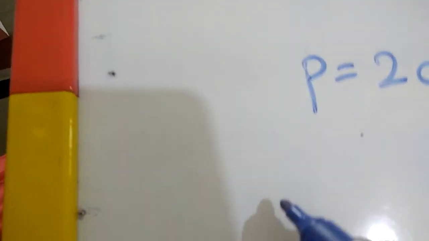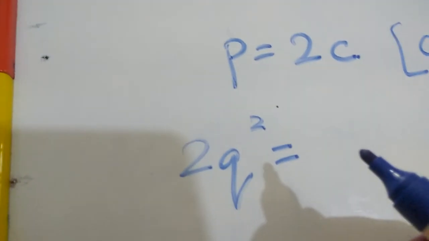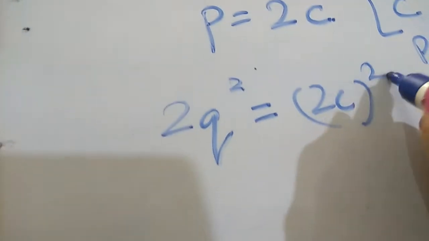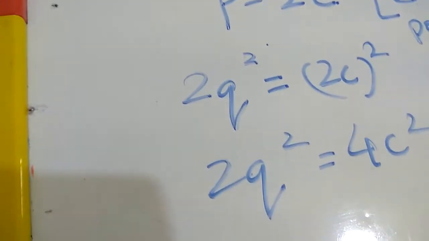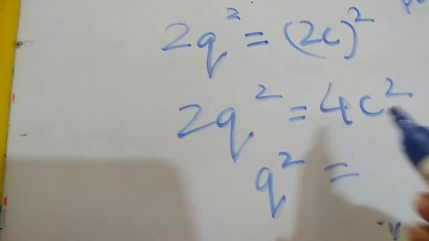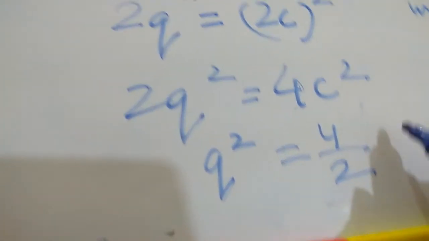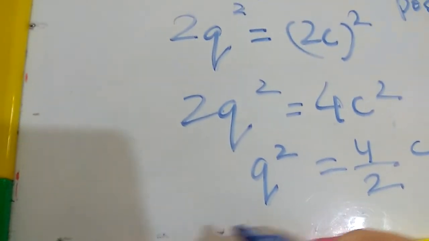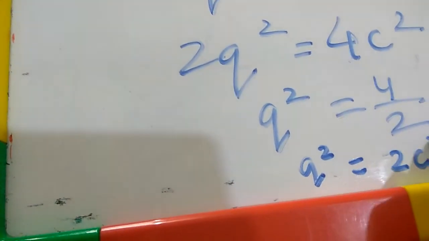So I can write 2q squared equal to, in place of p squared, (2c) squared. So I will get 2q squared equal to 4c squared. So q squared equal to, this 2 I will bring to the other side, so it will divide, and this gives me that q squared equal to 2c squared.